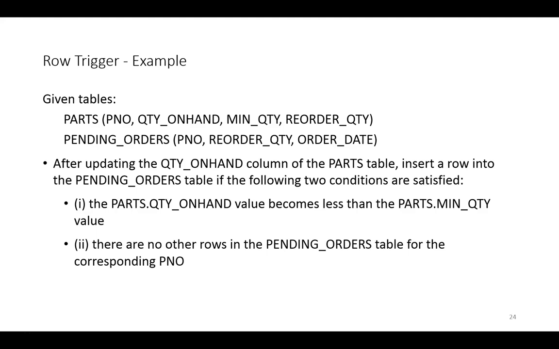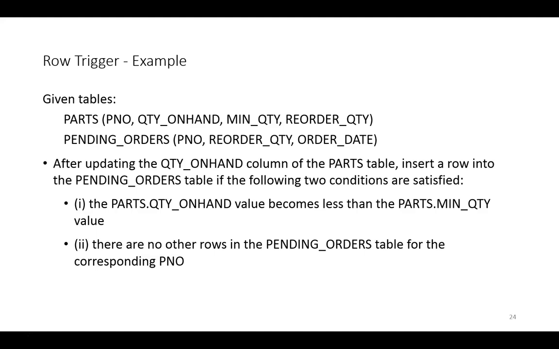Additionally, there are no other rows in the pending orders table for this particular part. Assume that we didn't have this second condition. Then, once we fall below the minimum quantity threshold, we're going to place an order. Someone else comes and requests a single item for the part that we've just reordered, and again, we are below minimum quantity, we place another order.